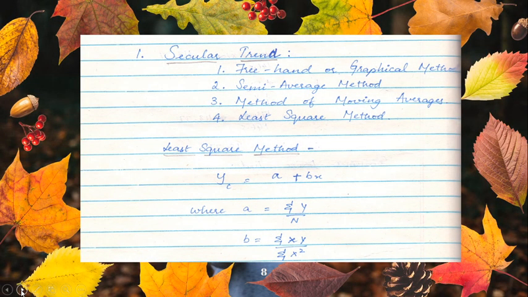Now under our secular trend, we have the freehand or graphical method, where you just draw a graph and extend the line to identify the trend value of a future period. The semi-average method, the method of moving averages and the method of least squares.